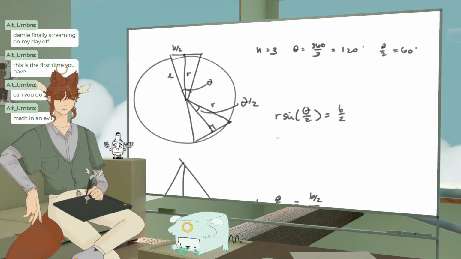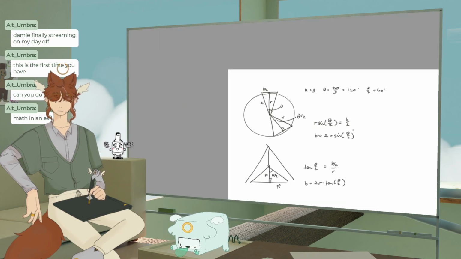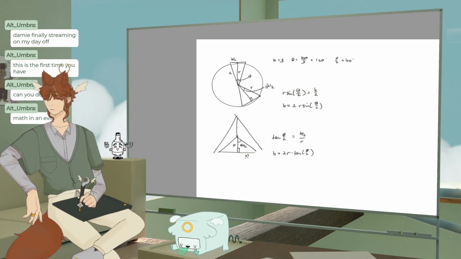So then b equals 2r sine theta over 2. Yeah? Yeah. So let's go back to MATLAB.